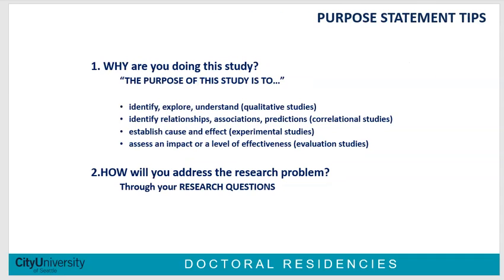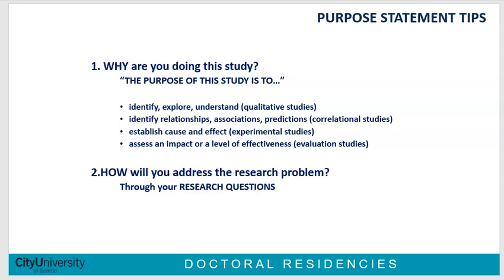All right, here's some tips on the purpose statement. Think about why you want to do the study. The purpose is to what? If your purpose is to identify, to explore, to understand, typically using those words is a trigger for qualitative studies. What if the purpose of the study is to identify relationships, or to predict, or to establish cause and effect?